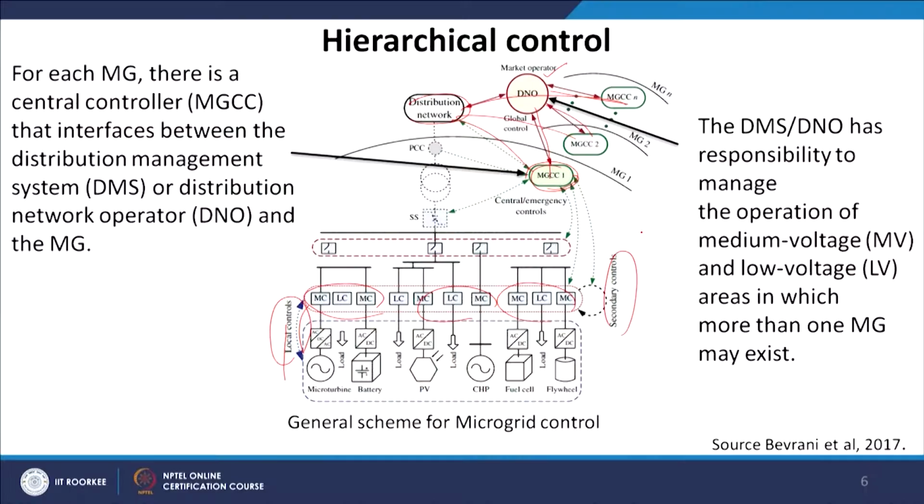Now, for each microgrid, there is a central controller known as MGCC that interfaces between the DMS, the distribution management system or distribution network operator, and the microgrid. So, that means the microgrid and the DNO are connected through my microgrid central controller.